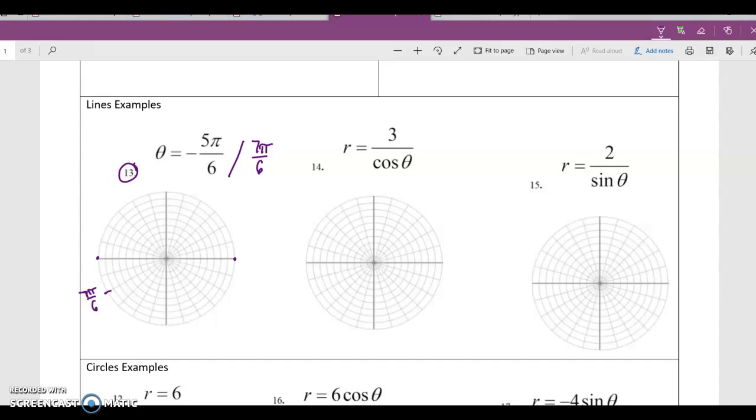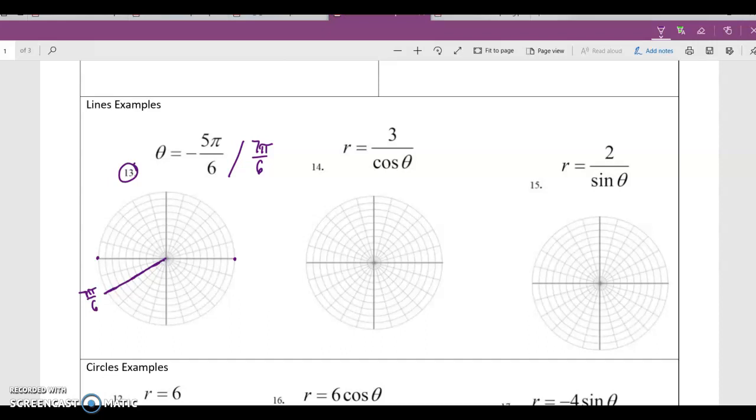It doesn't give us a radius. So all that we know is that we could have any possible radius as long as the angle from the positive x-axis is 7 pi over 6. So any point on this line, that angle from the positive x-axis is going to be 7 pi over 6.